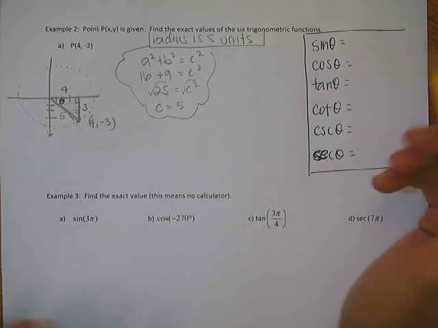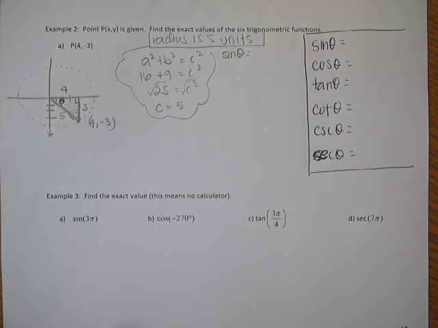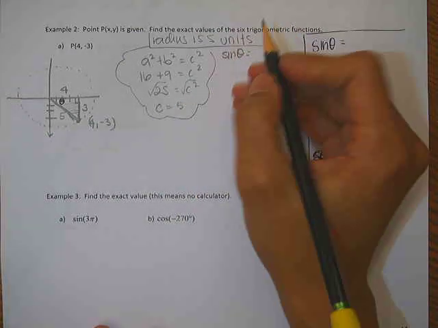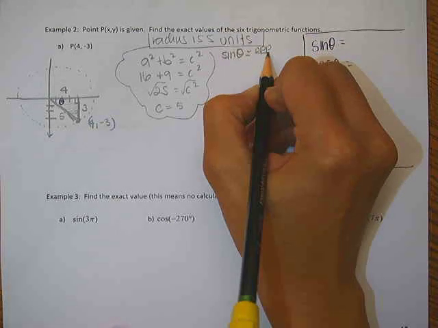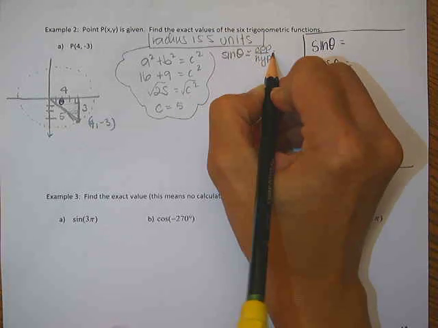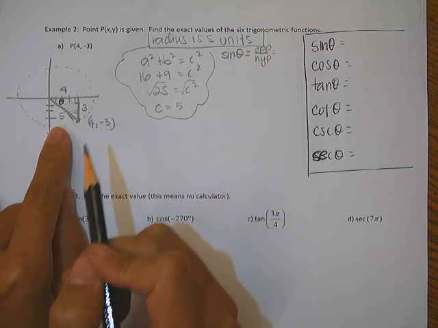So, sine of theta equals, as you remember, opposite over hypotenuse. I can't just assume that it's going to be the y coordinate, because this is not the unit circle.